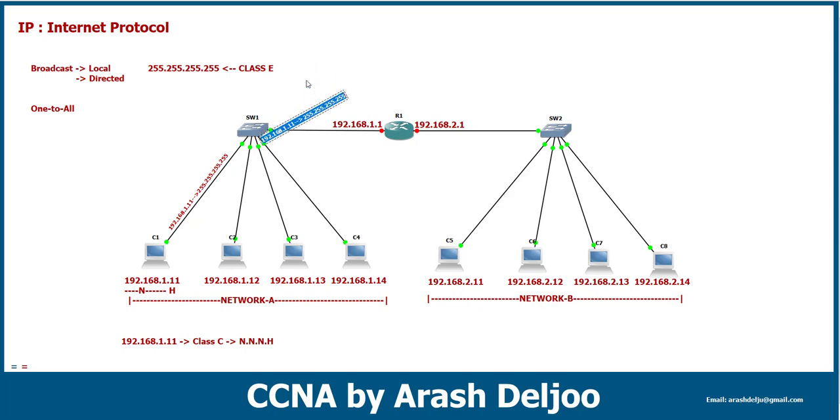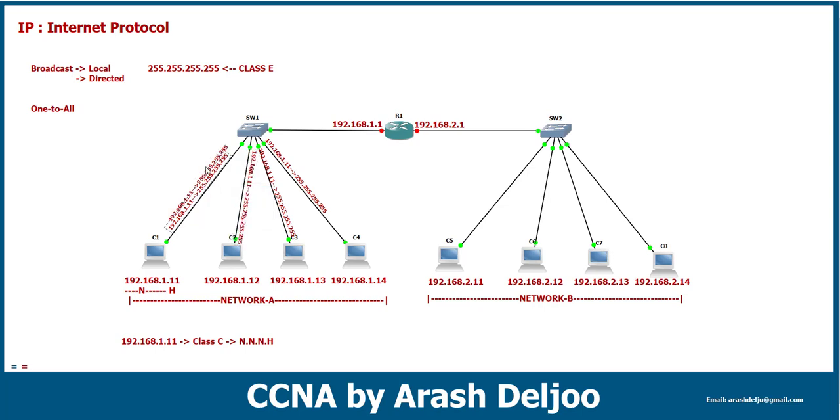Look at here, for example C4, when traffic is sent to the quad 255, all of the other PCs in this network should accept it. Here, this is for PC3 and also PC2. And also this traffic can be received by router 1. Let me show you.